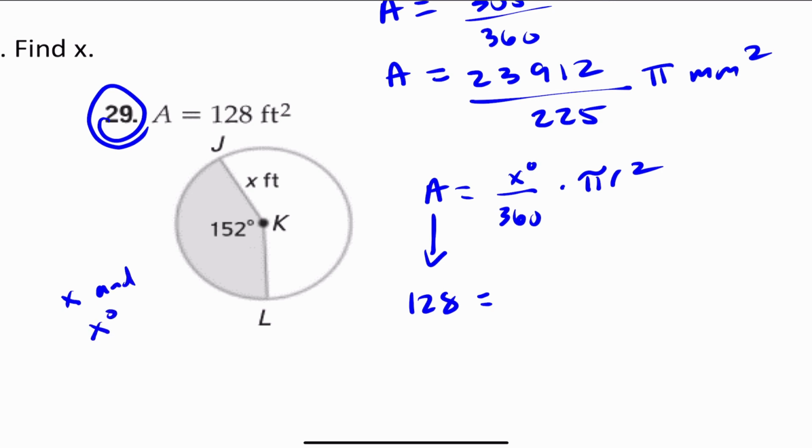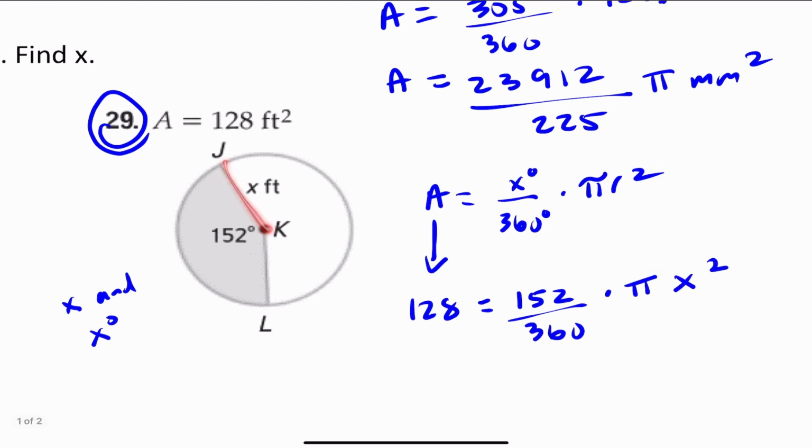So A is equal to x degrees out of 360 degrees times pi r squared, okay? So the x degrees is 152 out of 360. And then you multiply that by pi x squared, because from the center to the circle is your radius, which we will call x, our unknown.